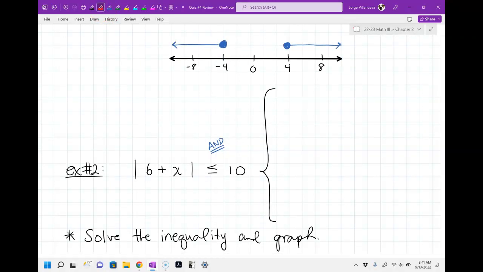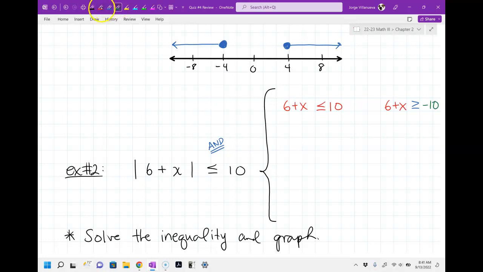So I'm going to break this up into two problems. 6 plus x is less than or equal to 10, and 6 plus x is greater than or equal to negative 10. Now solve both sides.